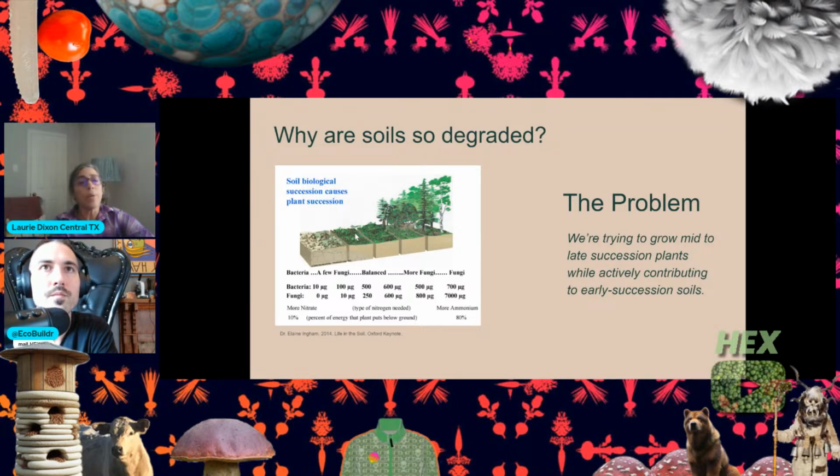You go up. Most food crops want the higher ratio. And then, of course, if you're growing shrubs or trees, fruit crops, tree crops, then you're going to want more fungal dominance.